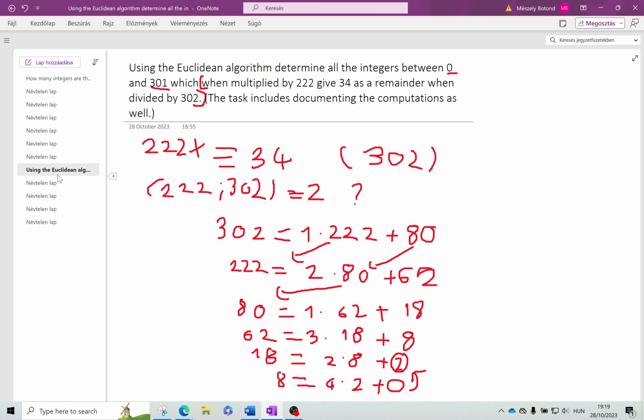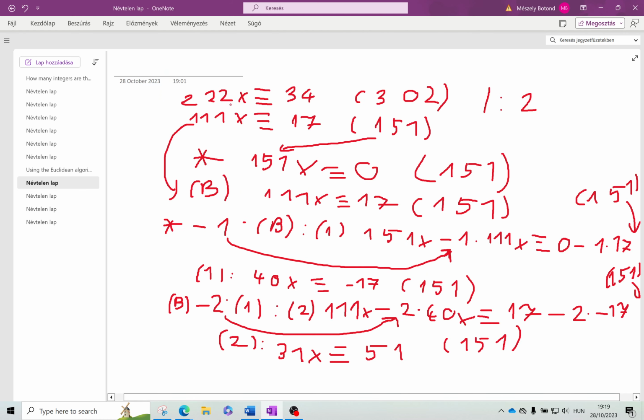And when you divide the original equation with that number with the congruence 2, you write down the new equation like this, and you take another always-true equation: x times the modulus is congruent to 0. It will always be like this.